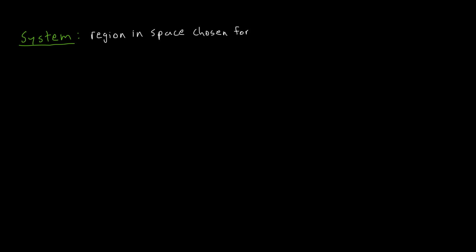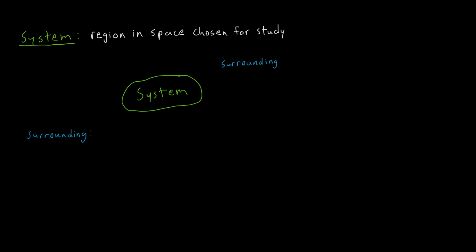First of all, we have the concept of a system, which is basically any region in space that is chosen for study. For example, let's say this circle is our system. Outside of this system is going to be the surrounding, which is basically the ambient mass or a region outside of a system.